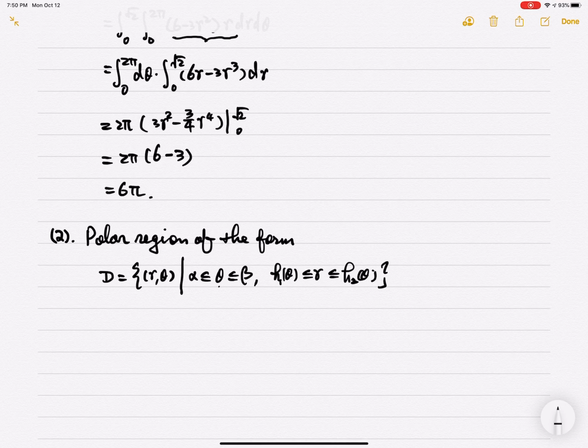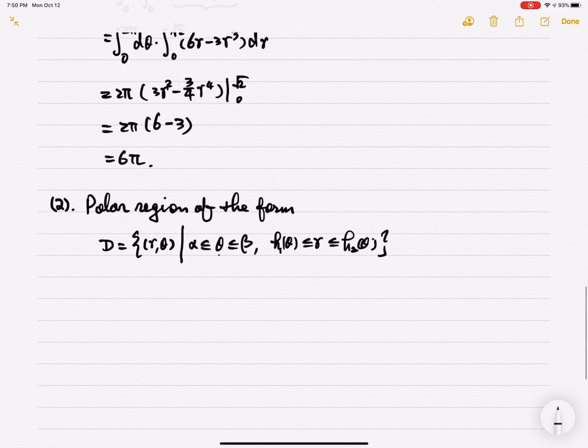So for example, when we draw the graph, say here is the polar axis, and maybe the curve looks like this.